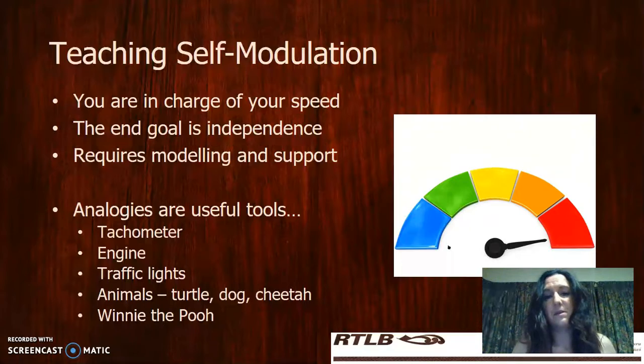Also animals, so you can use like turtle, dog, cheetah, or Winnie the Pooh characters even. So you've got your Eeyore or you've got your Tigger. So once you choose your analogy, then you can use that to teach the children about their speed, where they're at the moment, where they need to be at, and how to get there.